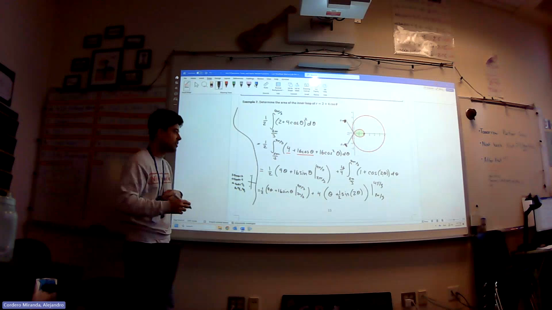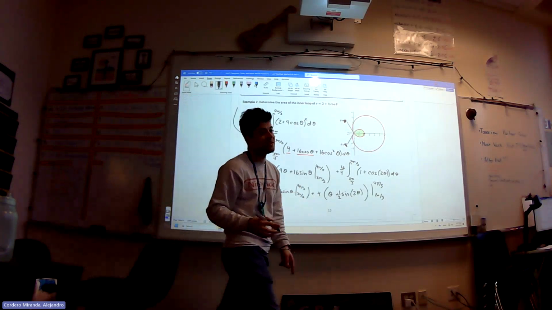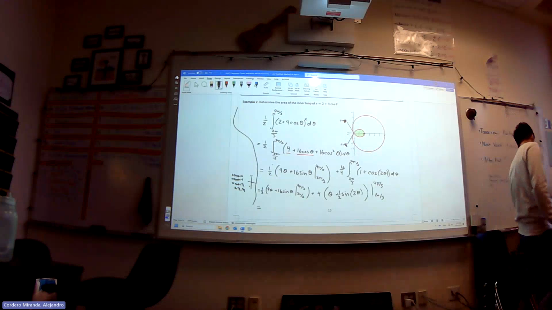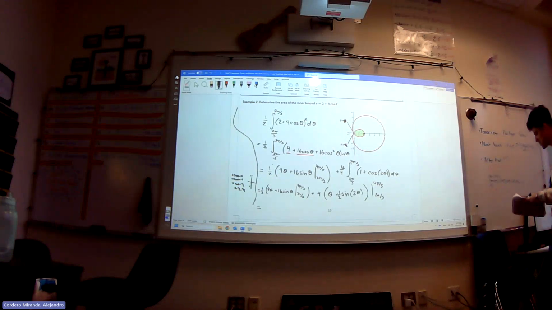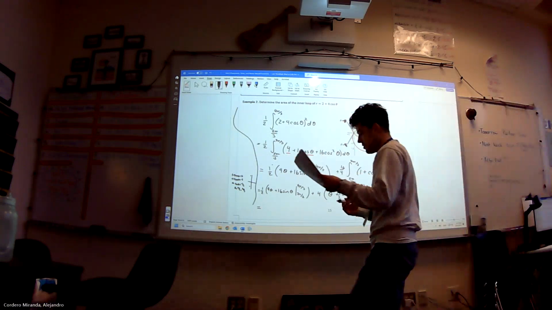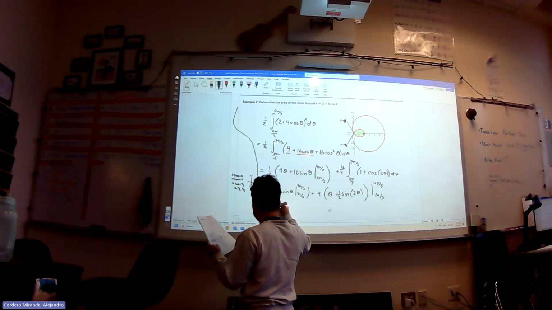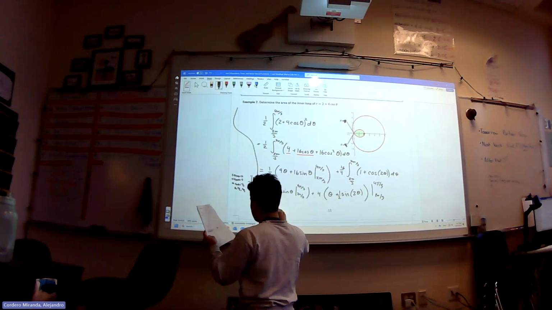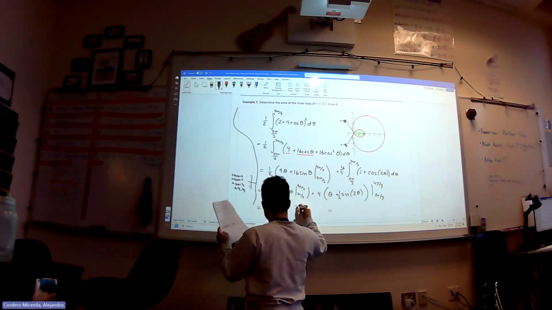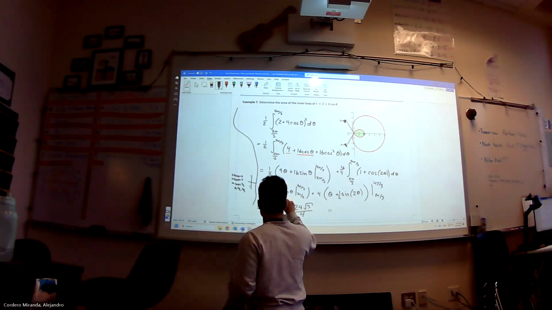If you did plug in all these numbers and combine like terms, you would have gotten an answer of 12 pi over 3, oh, that's just 4 pi. But still, I'll just write it how I have it: 12 pi over 3 minus 24 square root of 3 over 4.